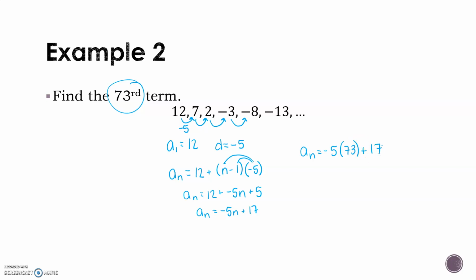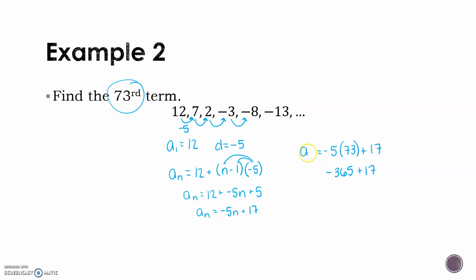All right, so if I do negative 5 times 73, I should get negative 365 plus 17. Oh, so really, actually, I'm going to go back here.